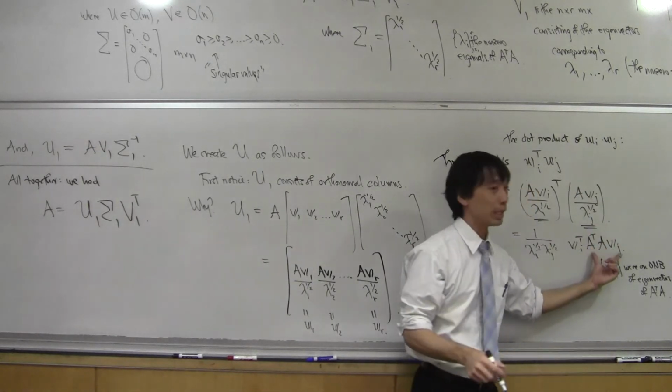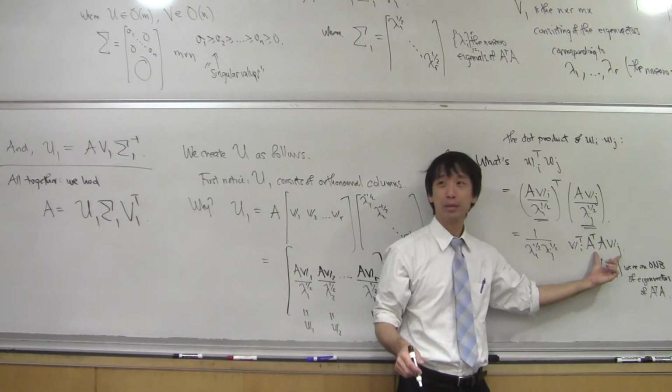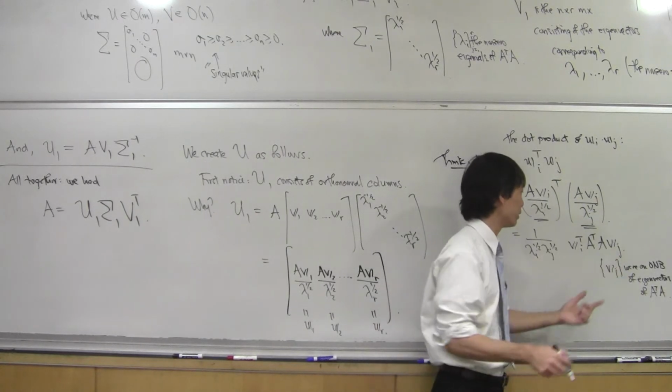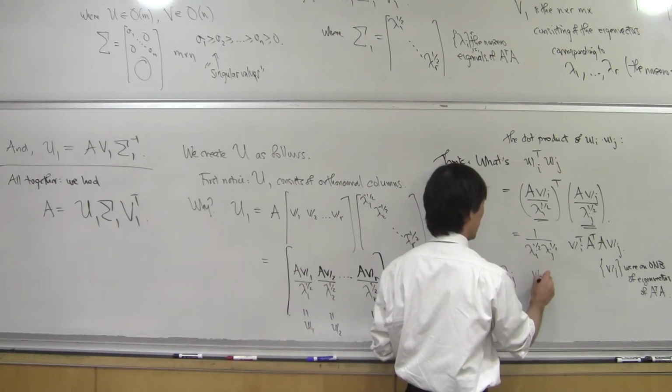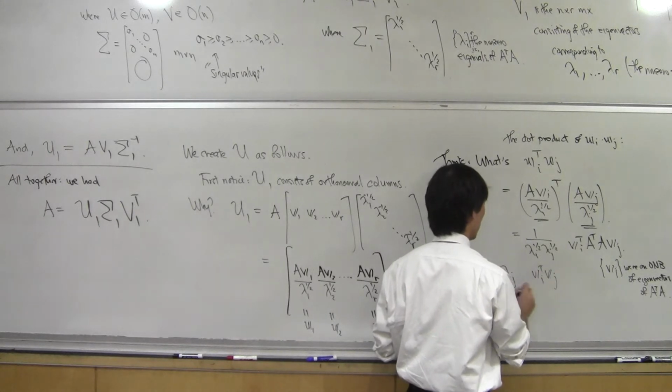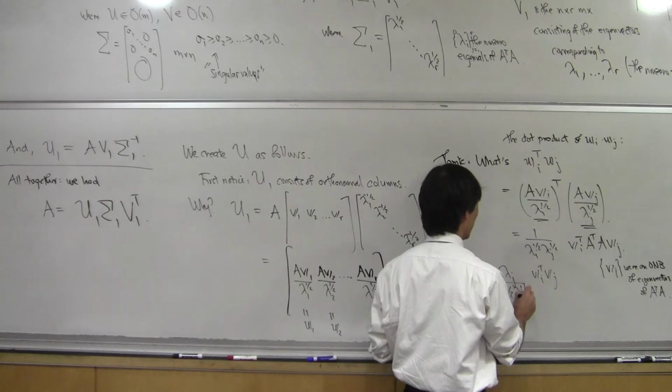So this is just going to be lambda j Vj. It's just an eigenvector, so you get lambda j Vi transpose Vj over lambda i to the 1/2 lambda j to the 1/2.